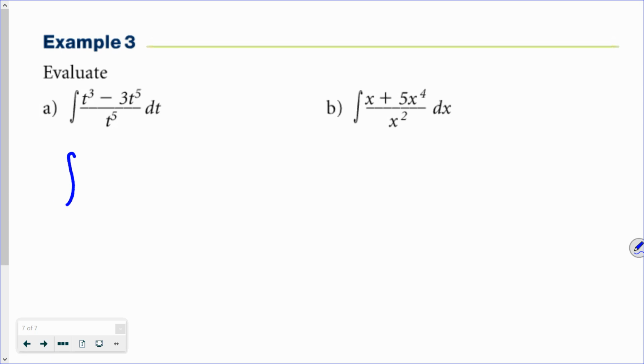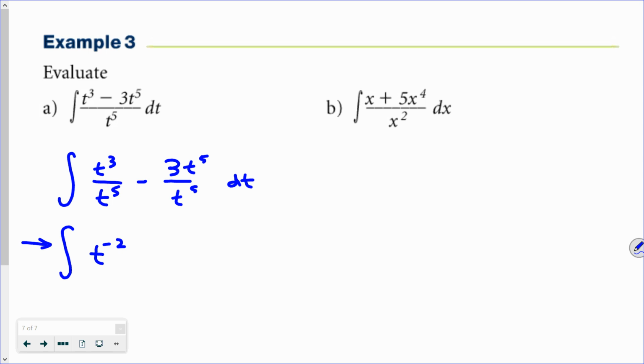So I'm going to keep writing this integration symbol as I simplify because I haven't actually integrated anything. All I'm talking about doing is taking this t to the 5th and actually dividing it into each term. Notice they changed t, so the end of my integration is a dt instead of dx. Still haven't simplified, I still haven't done the antiderivative, so I'm keeping this integral symbol here.